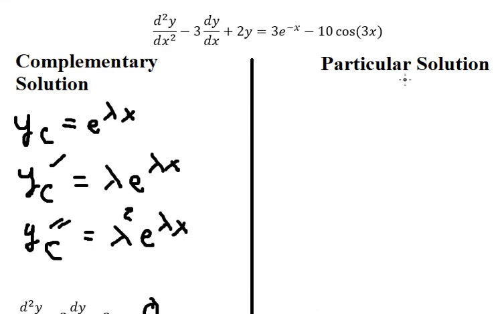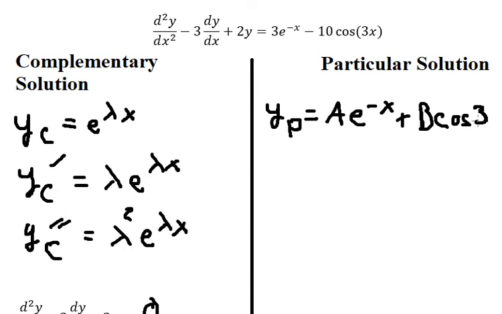About the particular solution, I will put yb. So we see that we have e to the power of negative s and cosine 3s. So we need to put yb equals a e to the power of negative s plus b cosine 3s plus c sine 3s.